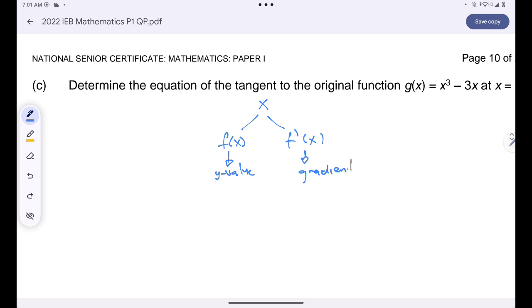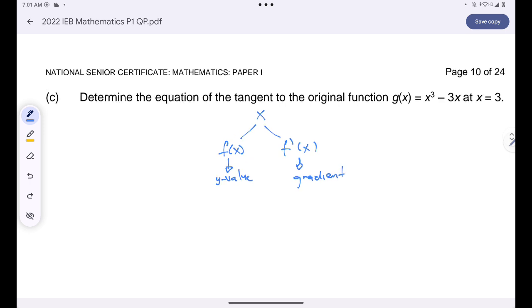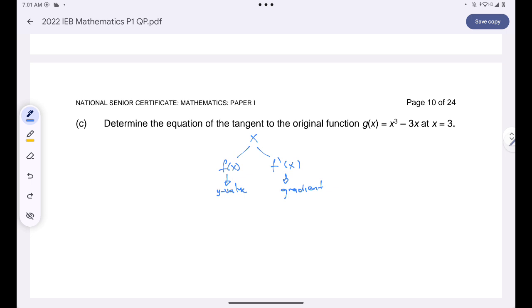Are you together? So I need both of these things, because for me to find the equation of a tangent, which is a straight line, I will need a point on the line and the gradient.